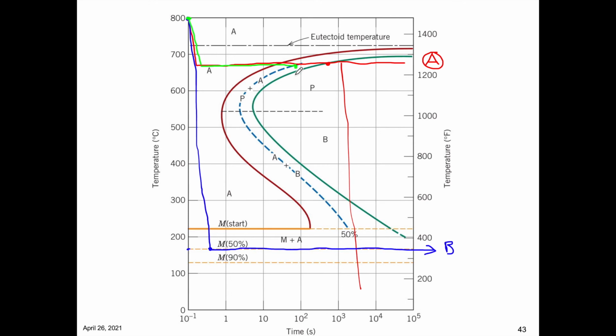And so the next thing that we wanted to get was 25% bainite. So what I'm going to have to do is go to the bainite region, which is below 550 and above the martensite start, so anywhere in this region. So I'm going to rapidly cool to, let's say, 450.